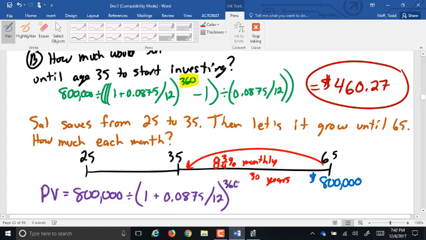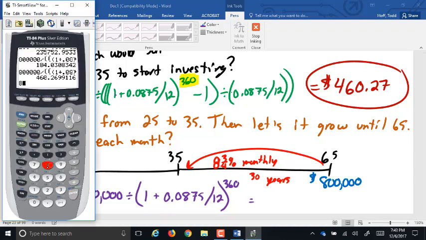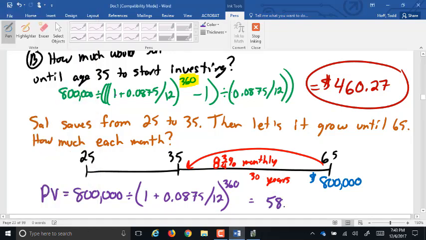So that's the power of 360 here. So at 35, in order to get that amount at 65, Sal has to start with 58,506.38. That's the amount that's needed right here.